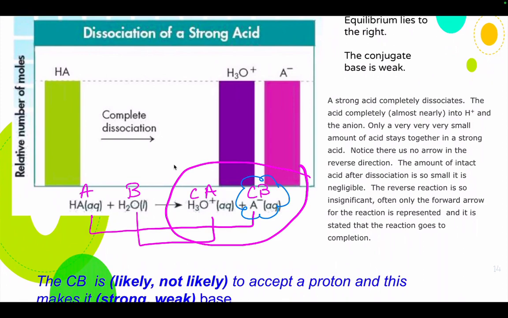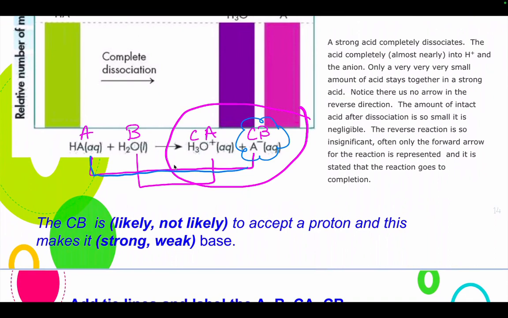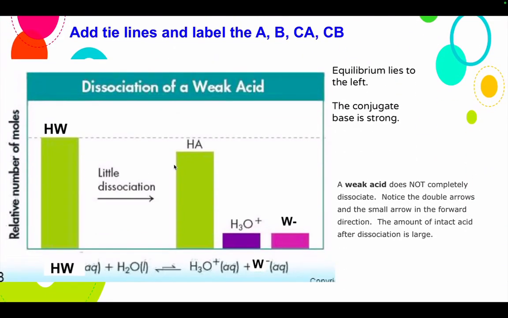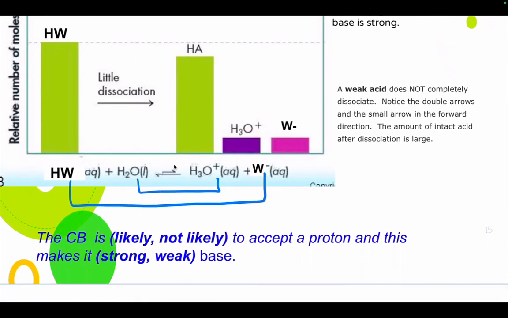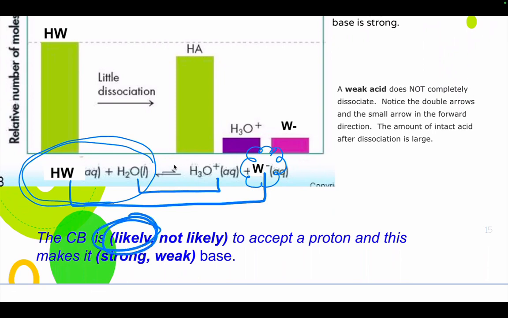It's not likely to go back and form the HA, so that makes it a weak base. And then similarly, here HW and W, the equilibrium lies to the left. So this conjugate base is likely to accept a proton and go back to the left, which makes it a strong base.